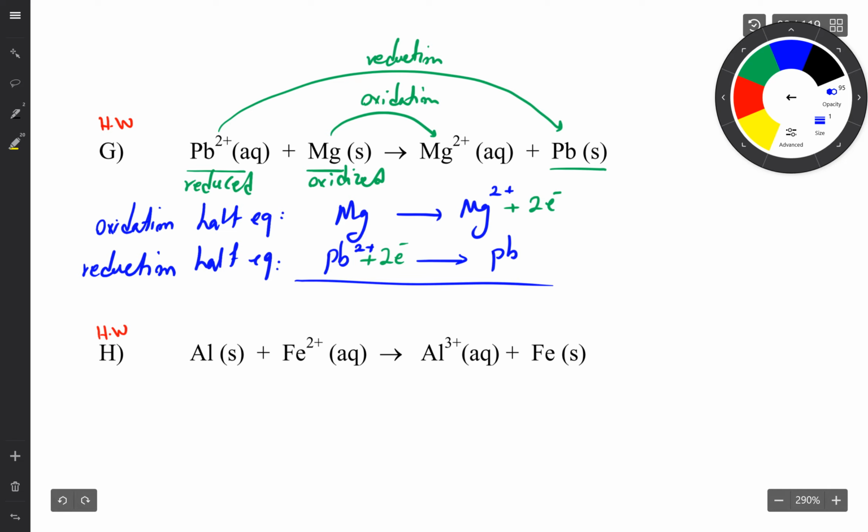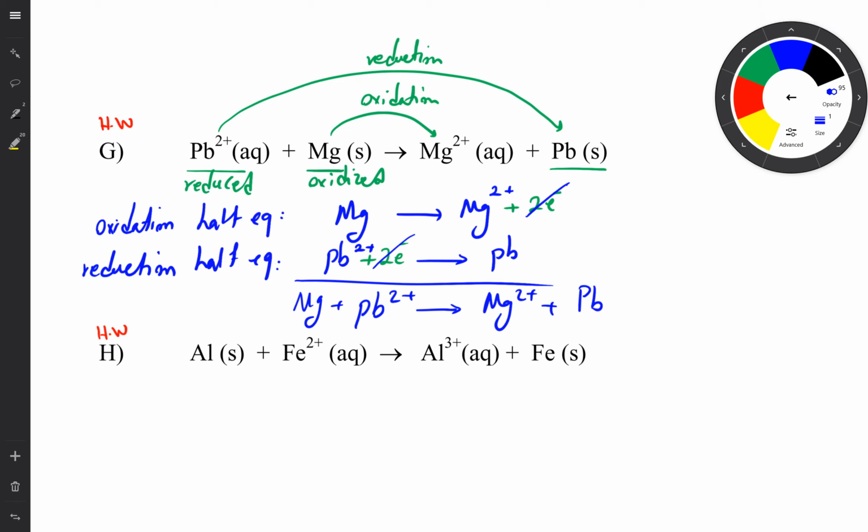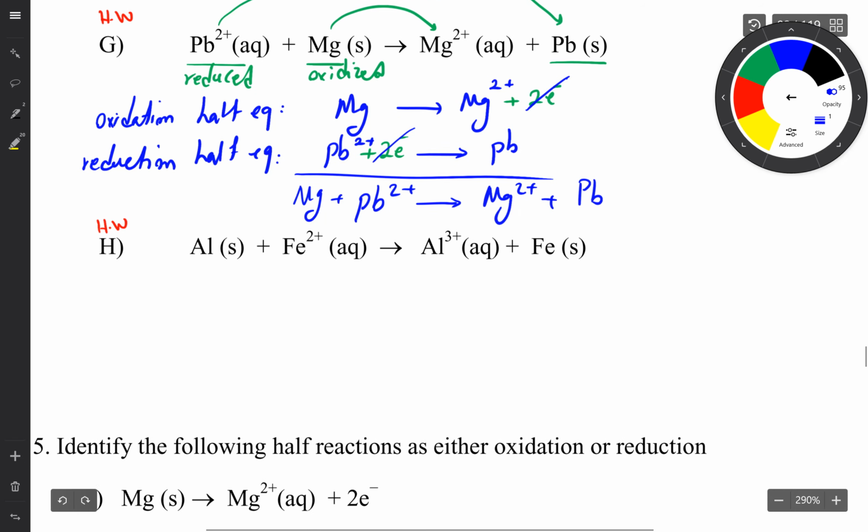Now we are allowed to add these two half equations because the number of electrons are equal in the oxidation and reduction half equations and they cancel out each other. So what remains here is magnesium and lead ion on the left side. They convert to Mg2+ and lead Pb, sorry, on the other side. Okay, so this one was easy. Let's move on to the next one.